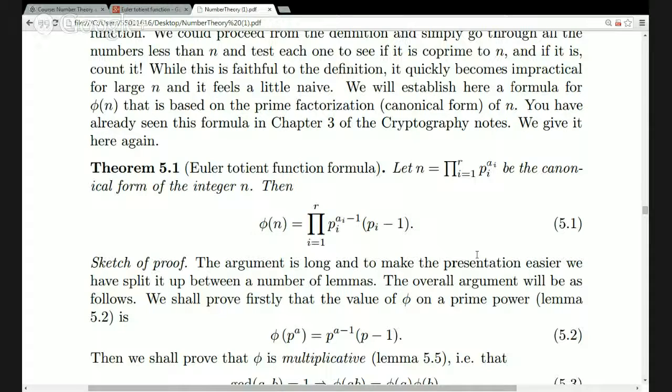So 3 is gone, 6 would be gone, 9 would be gone, 12 would be gone, 15 would be gone. So is there 12 things left? There's only 12 things remaining. These 12 things here.